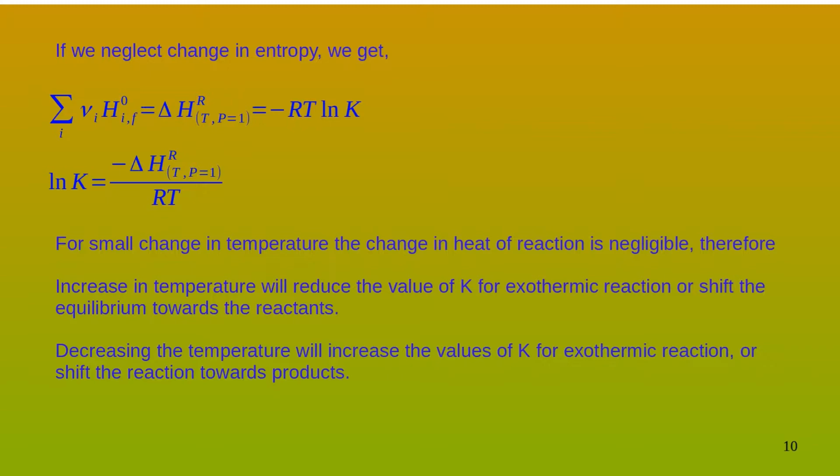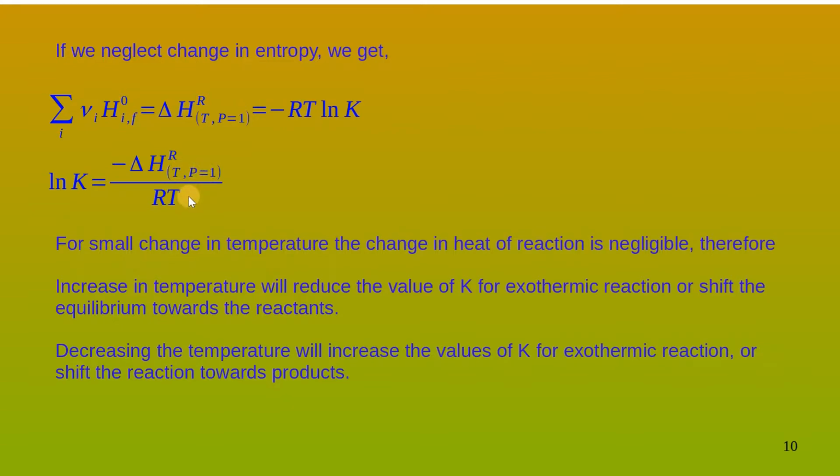Now for small change in temperature, obviously the change in temperature being negligible and being multiplied by Cp, this change is going to be really very negligible. Now we may assume for this that the heat of reaction is constant for small changes in temperature.